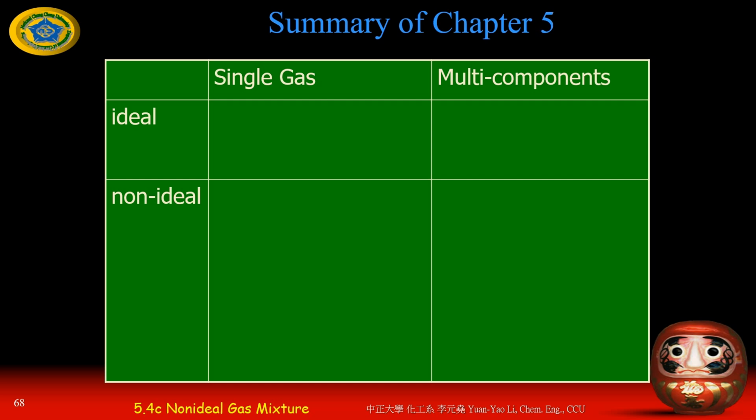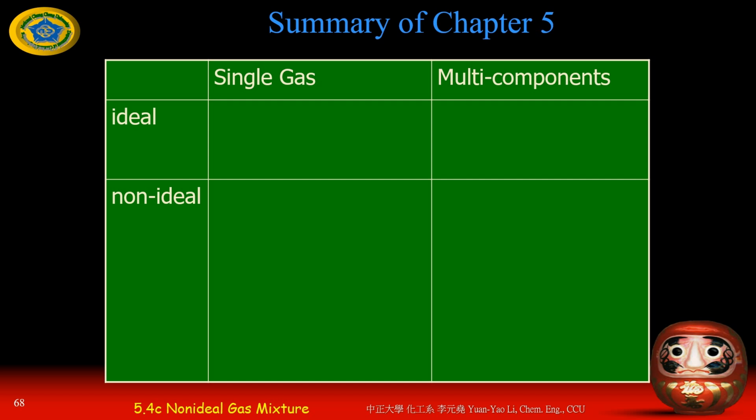But for gas, you need to know whether the system is an ideal gas system or a non-ideal gas system, and whether it is a single gas or multi-component. Multi-component means that you have a gas mixture, like helium, argon, carbon dioxide, for example.